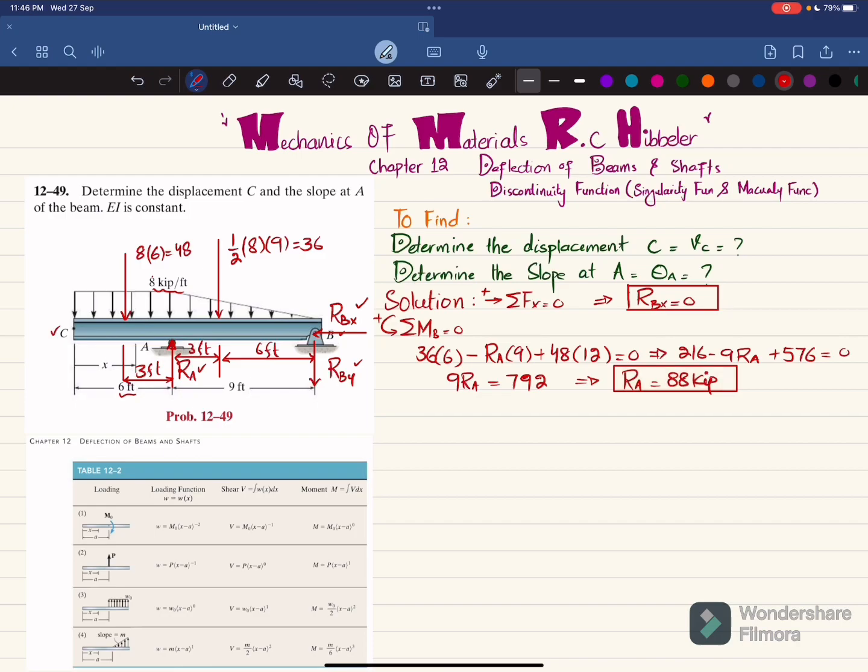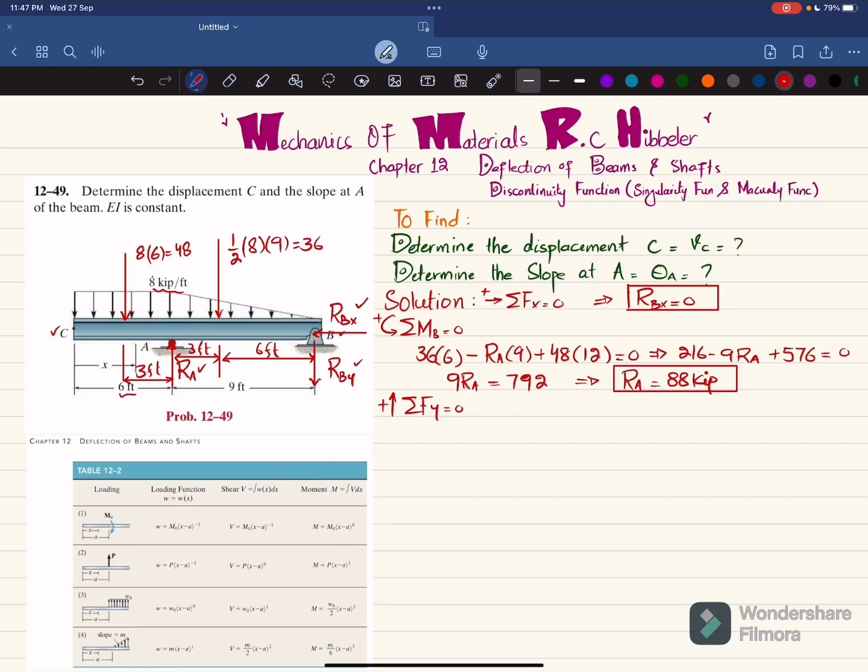Now we will find RB by using another equation of equilibrium, that the sum of all forces along the y direction must be equal to 0, and upward force is taken as positive. You can see RB is downward, this 36 is downward, plus RA, minus 48 will be equal to 0.